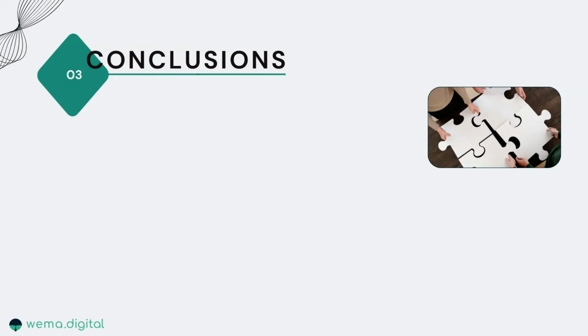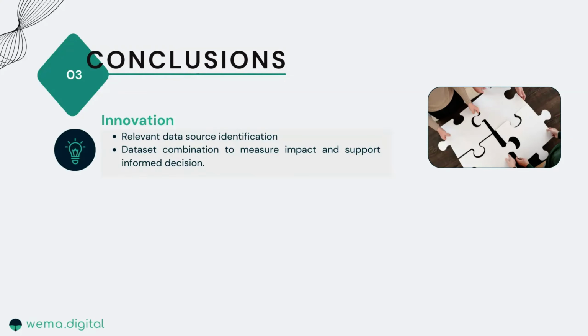The takeaway from this project is a simple, well-structured data science workflow to filter and analyze competition data from the Kaggle and Kaggle code datasets. This approach lays the ground for identifying relevant data sources, combining datasets to measure impact and support informed decision-making.